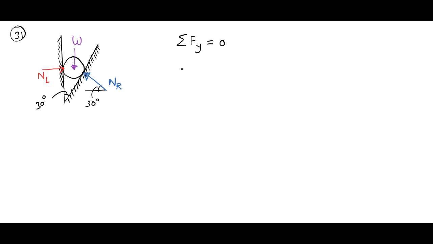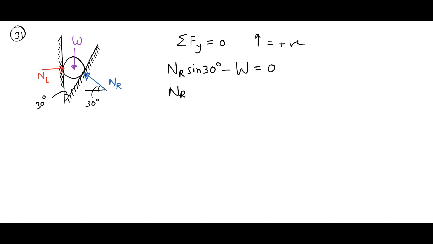Okay, now sigma Fy equal to 0. Let's take upward direction as positive, and let's look at NR first. So NR sine 30 degrees is the y component of that force, and the only other force, as said earlier, which has a component in the y direction is W. In fact, it is entirely in the negative y direction, so minus W equals 0.